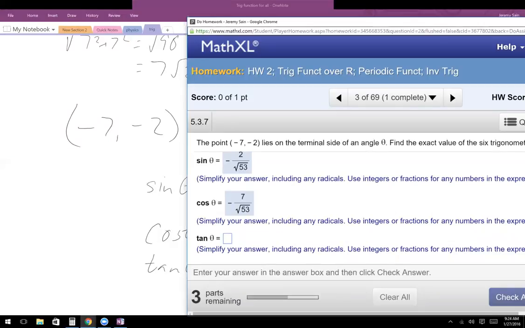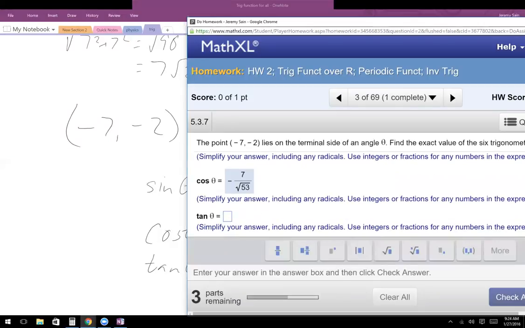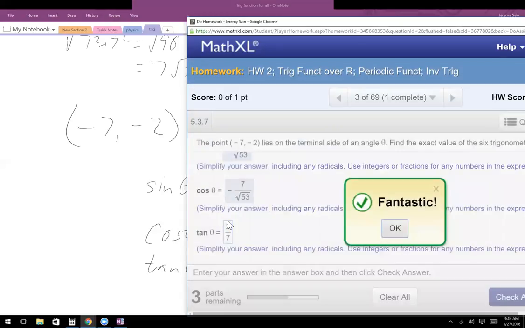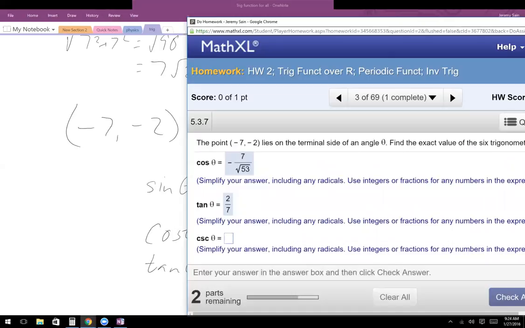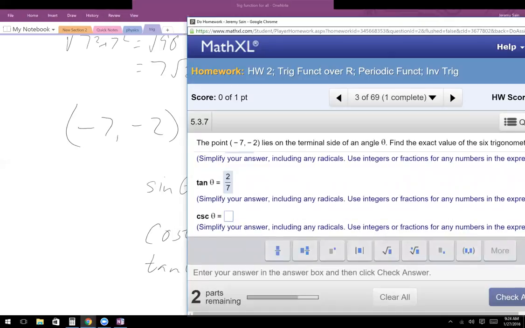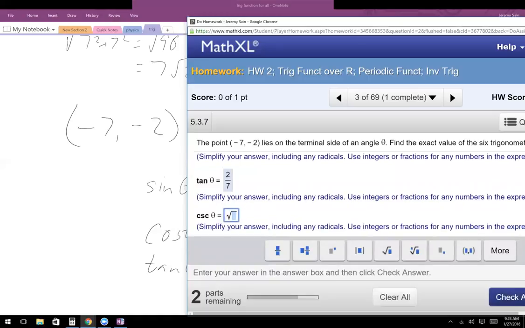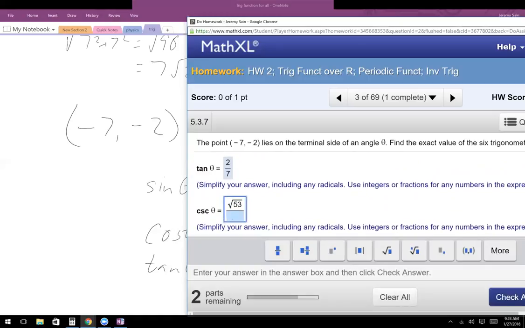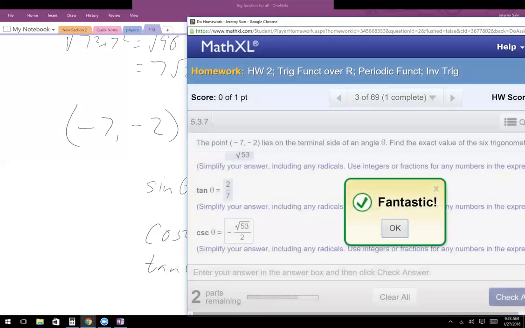Oops, I'm not typing, am I? All right, cosecant is 1 over sine or cosine? Sine. So that's root 53, or sorry, negative root 53. But let's put the negative in. Sine has the 2 in it, so over 2. Okay.